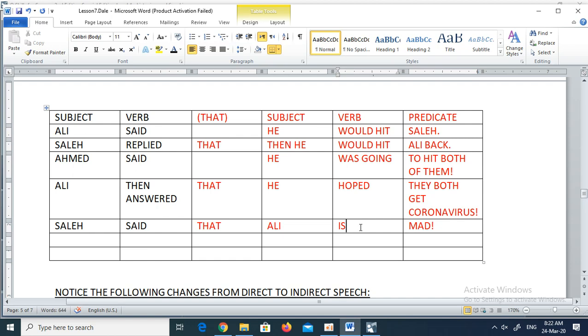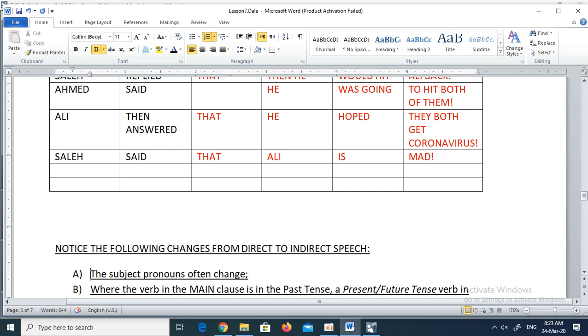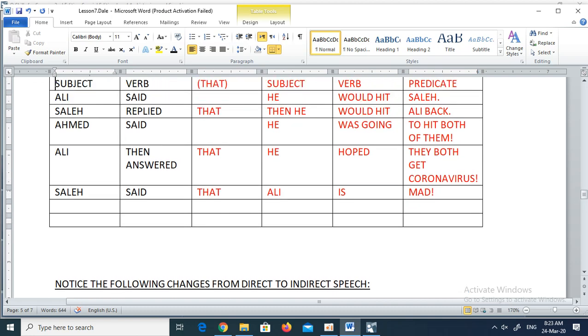Okay. There are some changes when we go from direct to indirect speech. The subject pronouns often change. So where Sali said to Ali, "Ali, you are mad," instead of using "you," the subject now becomes Ali.